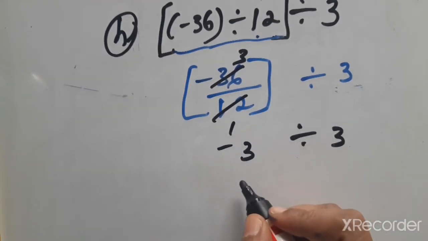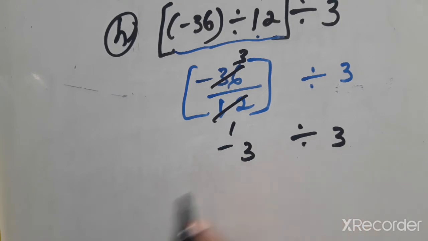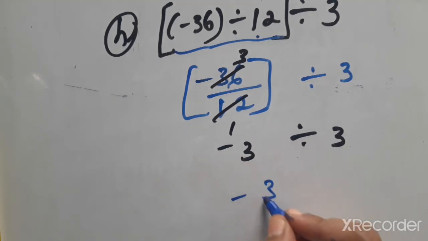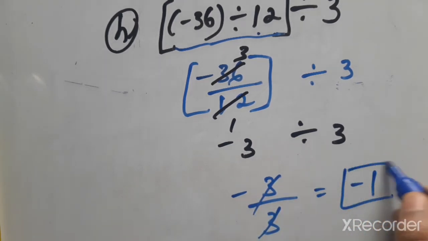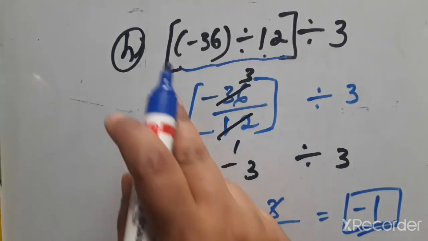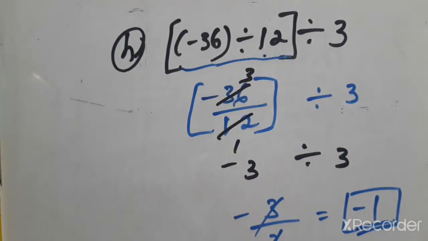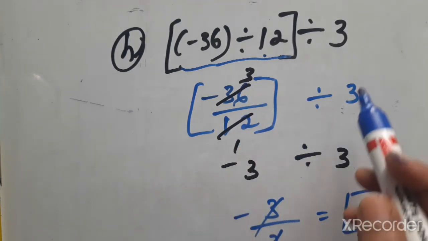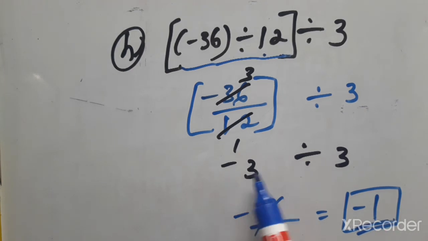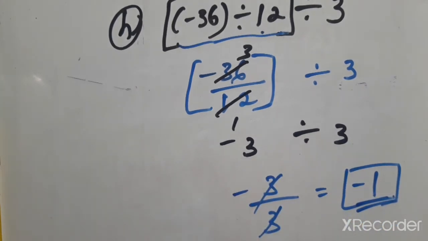Then minus 3 divided by 3 means 3 1s are 3. The answer is minus 1. This is the answer.